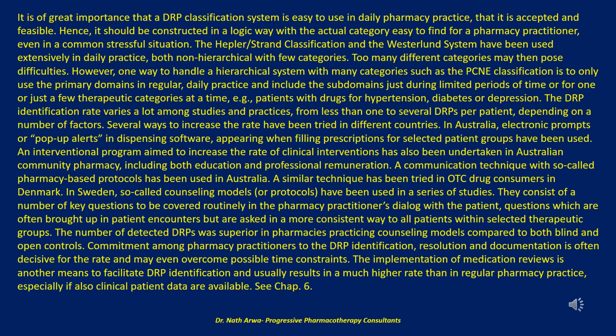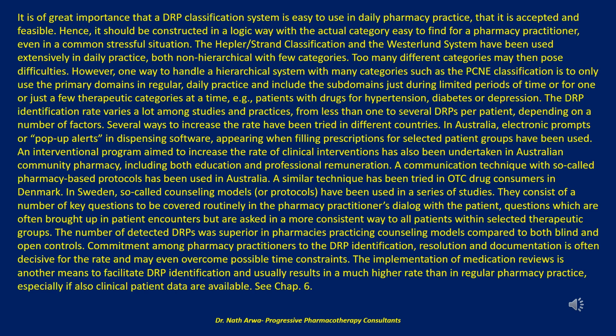The drug-related problem identification rate varies a lot among studies and practices, from less than 1 to several drug-related problems per patient, depending on a number of factors. Several ways to increase the rate have been tried in different countries. In Australia, electronic prompts or pop-up alerts in dispensing software, appearing when filling prescriptions for selected patient groups, have been used.